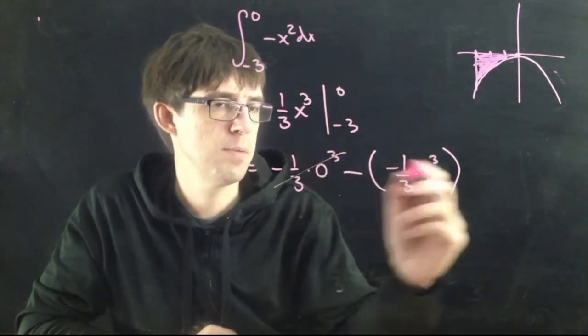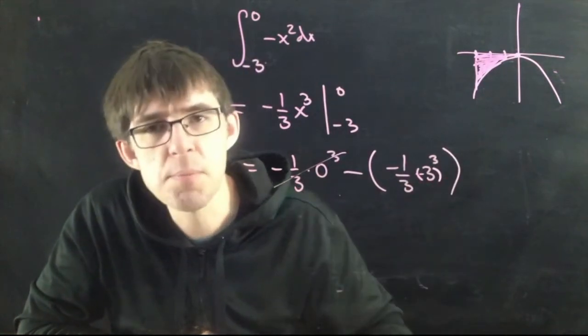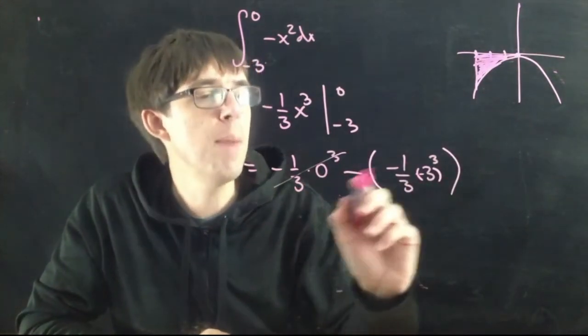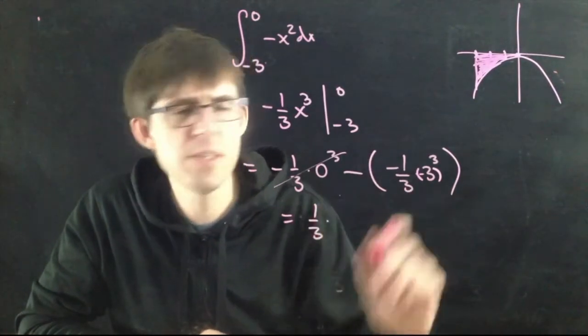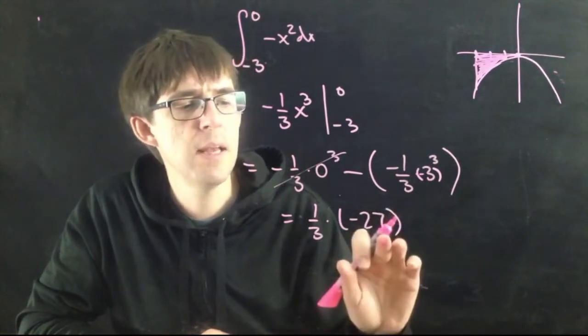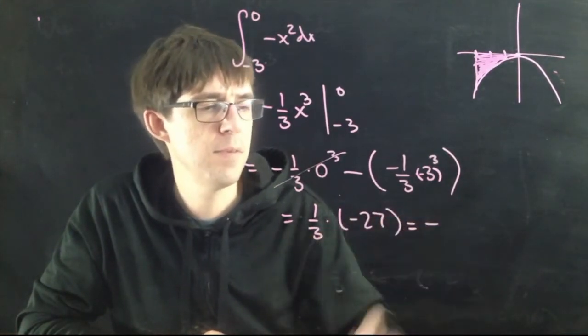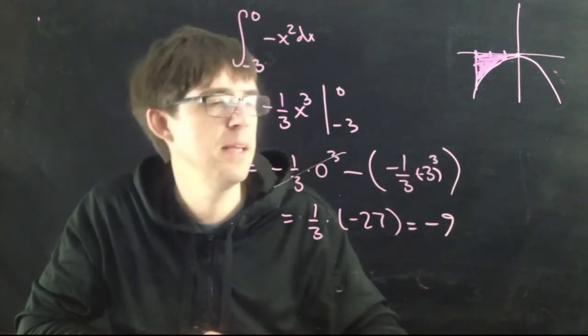Minus 3 is what I'm supposed to plug in. I got worried there a little bit. Minus 1/3 times minus 3 cubed. All right, the minus and the minus here will cancel, and I get 1/3 times, what is negative 3 cubed? It is negative 27. Negative 27 divided by 3 is negative 9, right? Negative 9 is the answer.